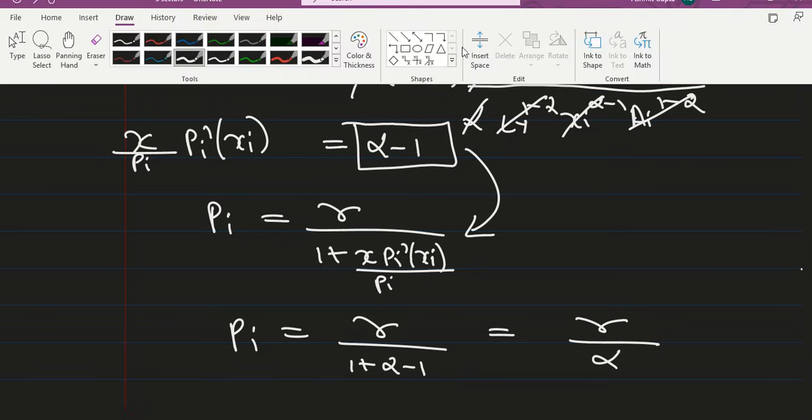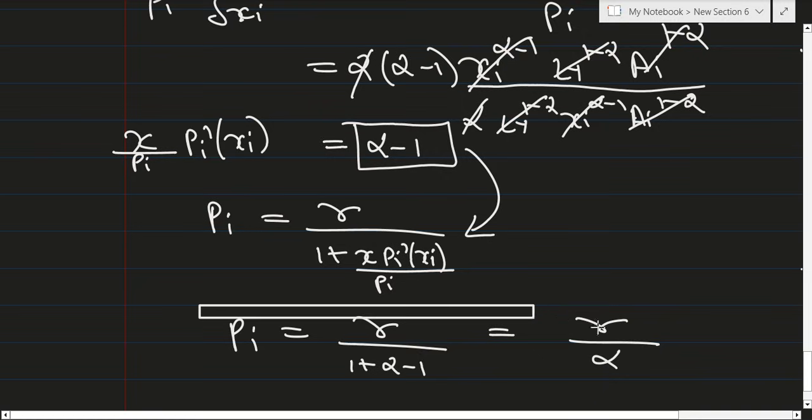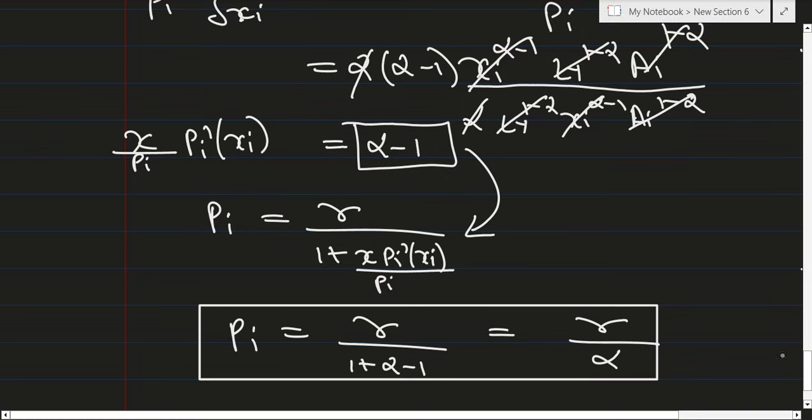Okay, so this is an important result. The price of the capital good. We have solved for this.